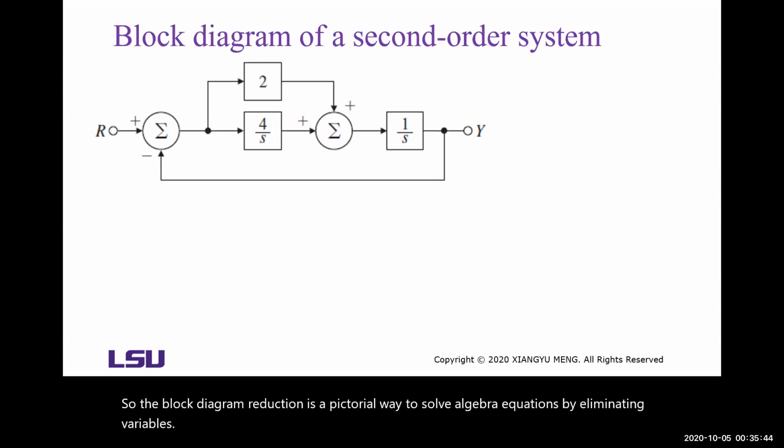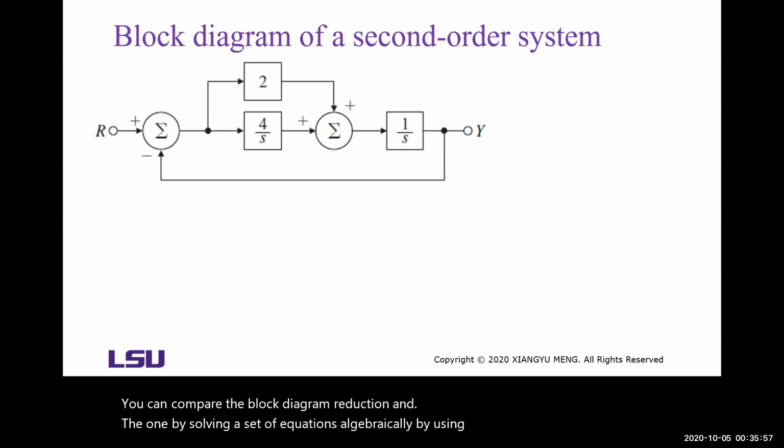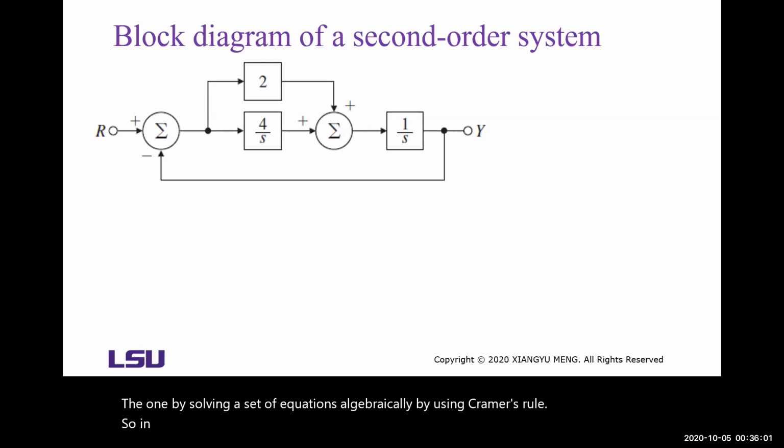You can compare the block diagram reduction and the one by solving a set of equations algebraically by using Cramer's rule. So in general, the block diagram reduction is easier and more informative.